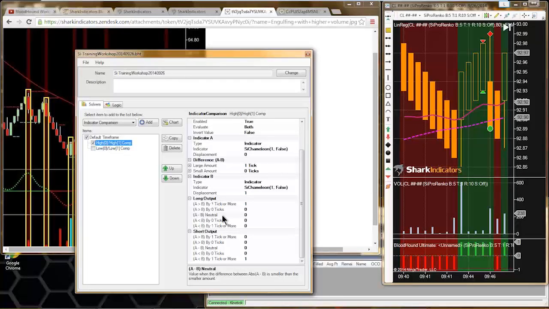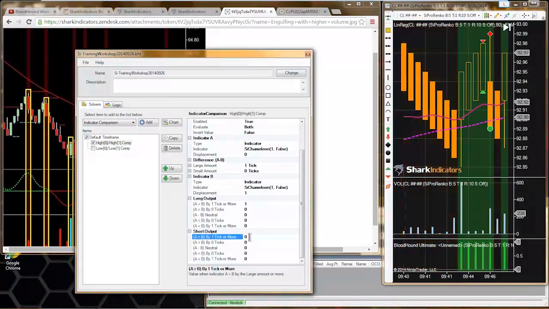Let me get back on the correct solver here. What I'm going to do is set this short output to 0, and set this other short output here to 1.